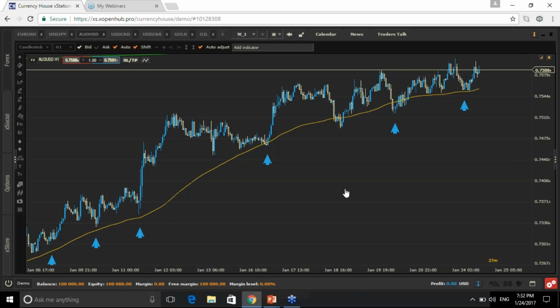So the US dollar hasn't been showing a good performance for the last several weeks. So it's definitely one of the reasons of the Australian dollar going up against the US dollar.